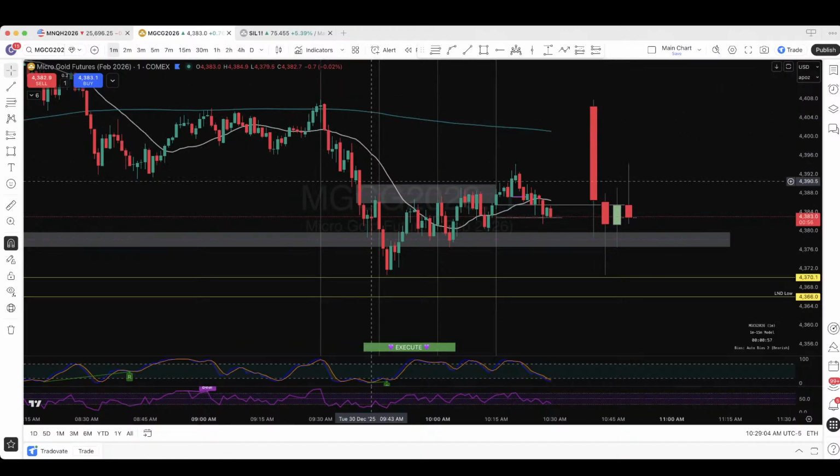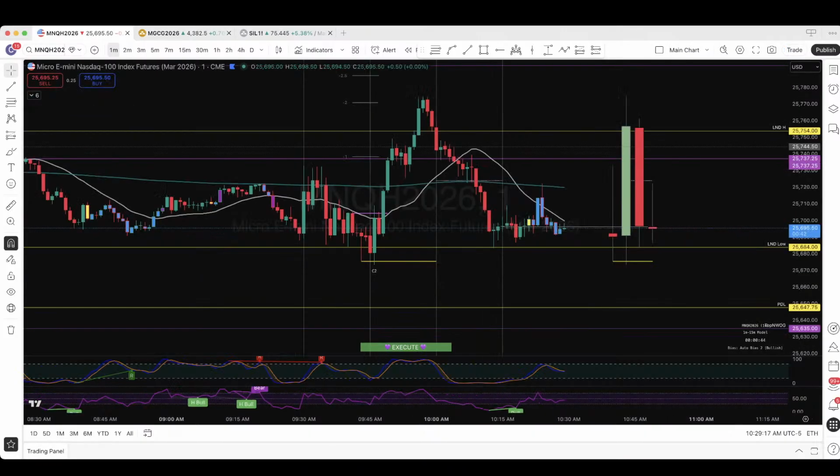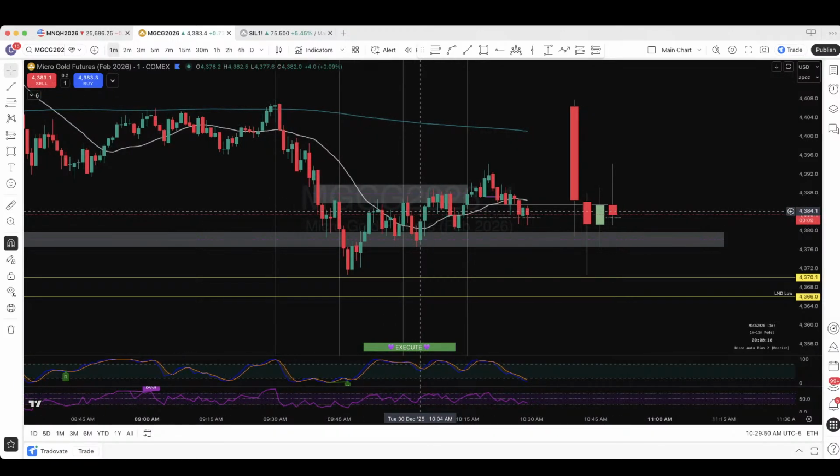Oh, I just noticed they would have wiped out the fair value gap play. They wicked right above that. A little nasty. Boring price action to the point where I think I want to sign off.